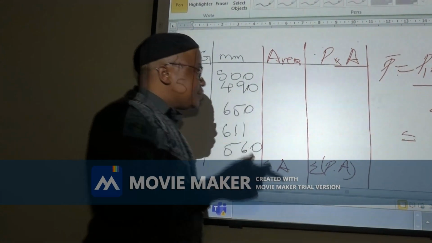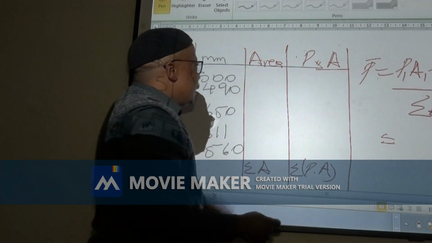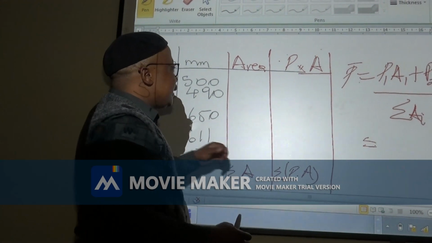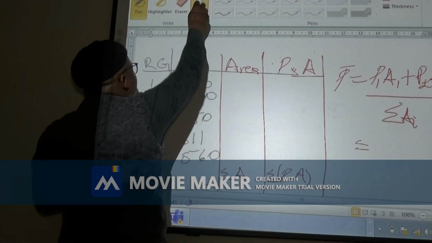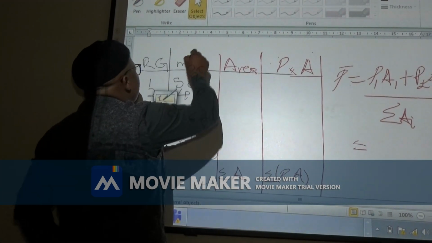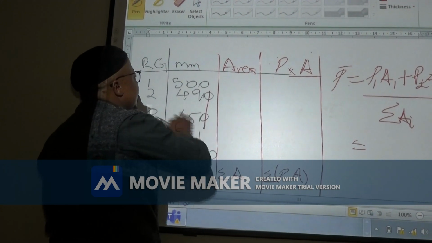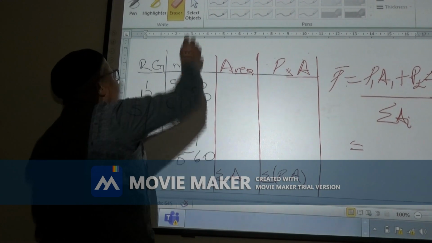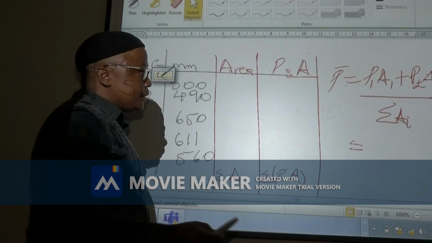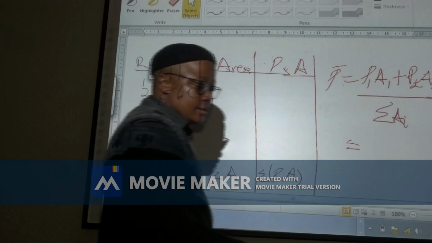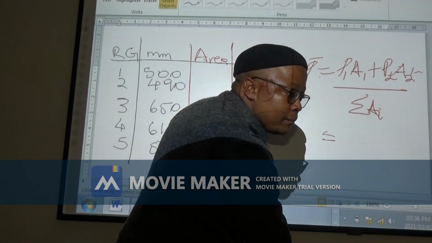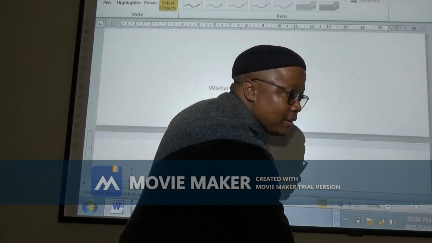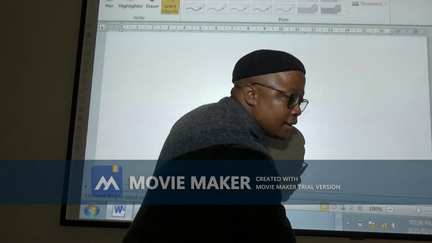Now, what is important is to explain how you determine the area if you are provided a structure in the context of a map. How do you determine the area from that map itself?